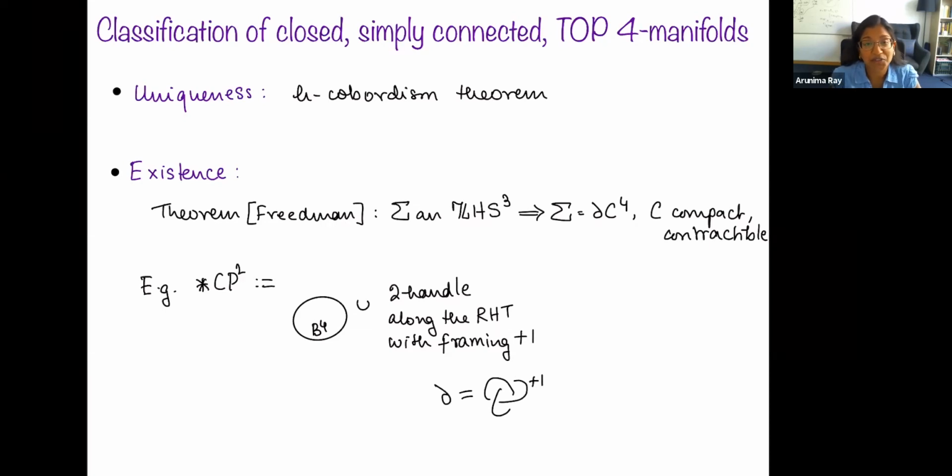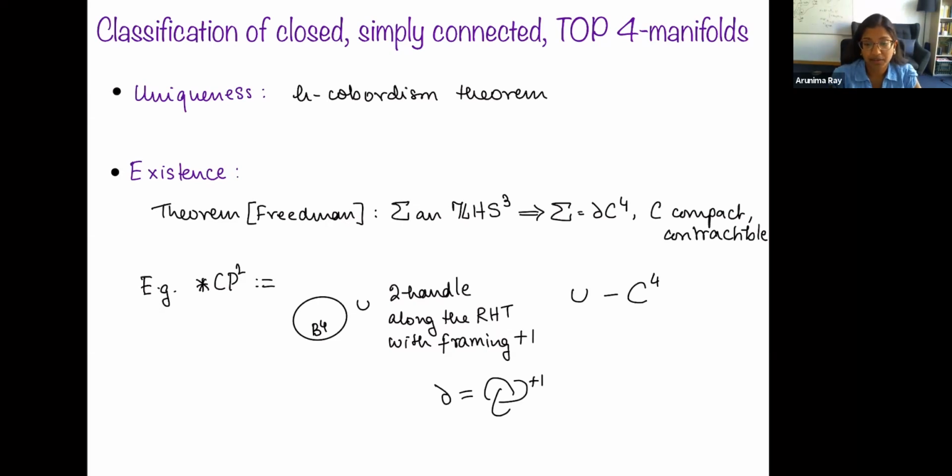That's the picture of the four manifold, but also the picture of the three manifold boundary, as we know from Lisa's lectures. And so this thing is an integer homology three-sphere, as in the homology of this three manifold is the homology of S3. And what Friedman tells us is that this thing is the boundary of a contractible four manifold. So I can use that to cap off this thing.